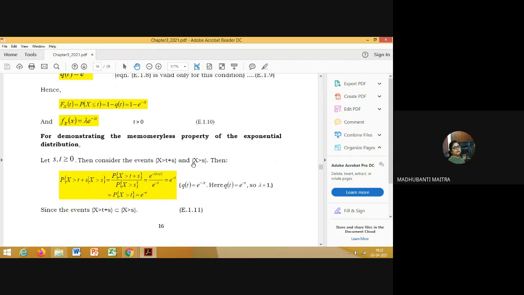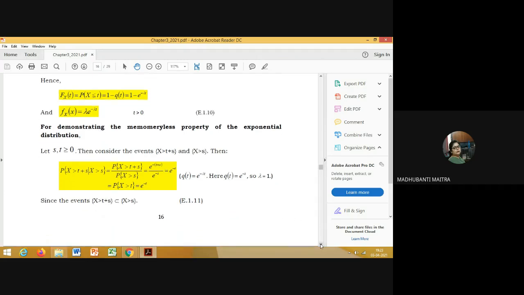The second event is X greater than s, which means we are waiting for the first event to occur after time s. I should not use the term time t here, because here I have used t. After this interval, is it clear?